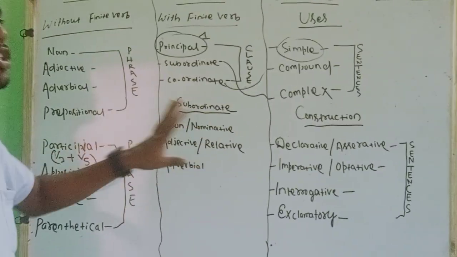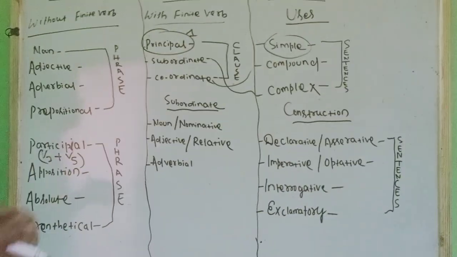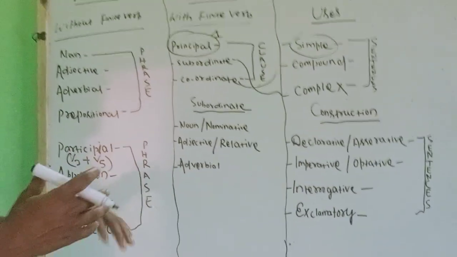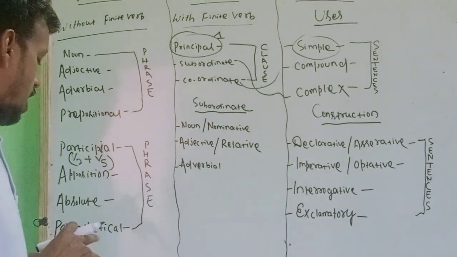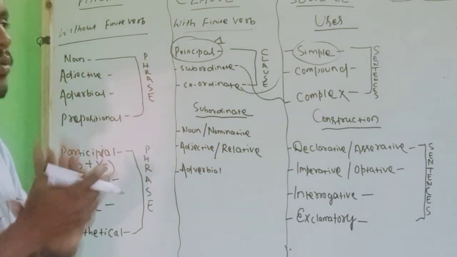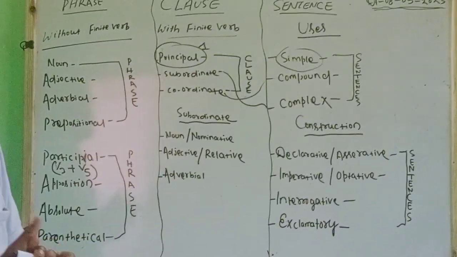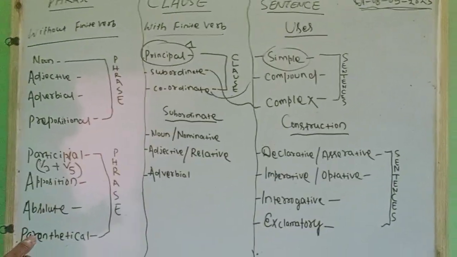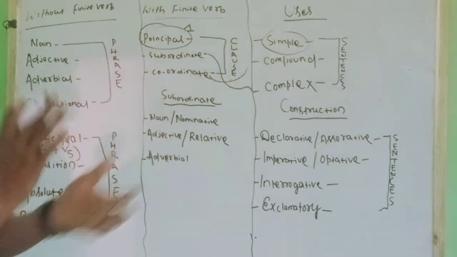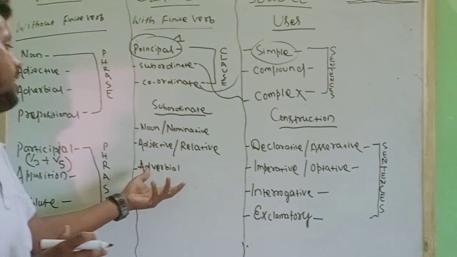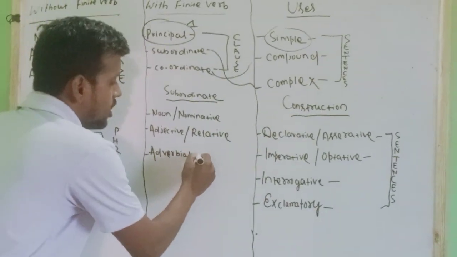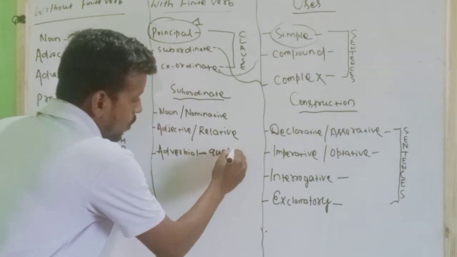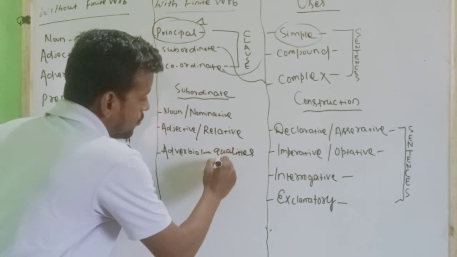One is the noun clause, which is known as the nominative. Nominative means the name of some person, place and things. One is the adjective clause, which is known as the relative clause, very similar to the qualities of the noun. And the adverbial is similar to the qualities of the verb.